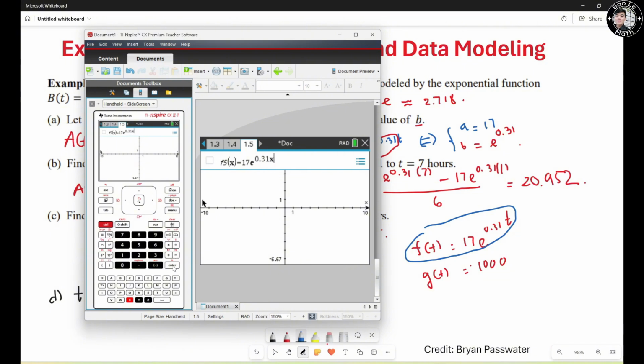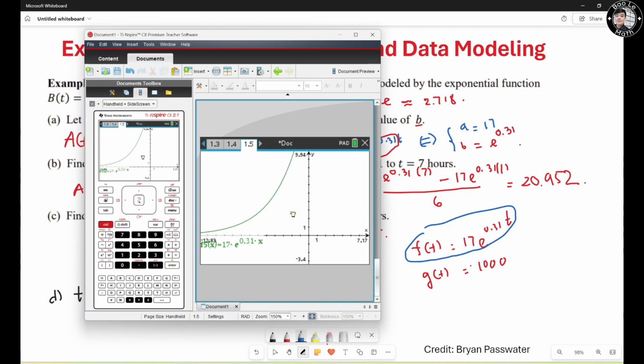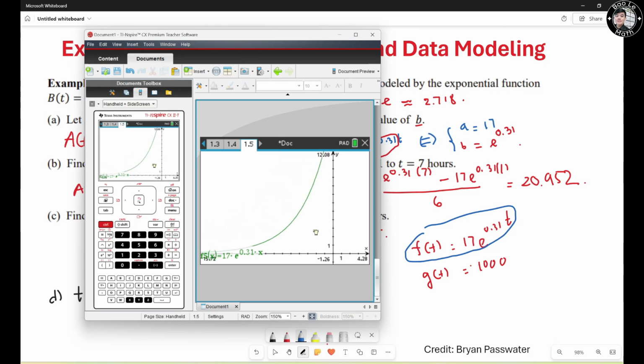Alright, so we hit enter. So we see the graph right here. If we want to see the whole thing, we just drag this one. We see the whole thing right here.